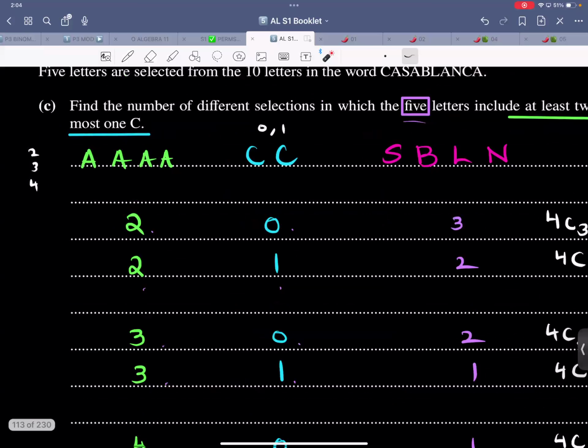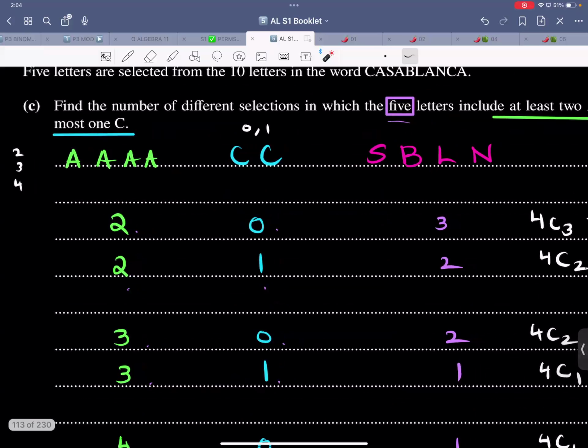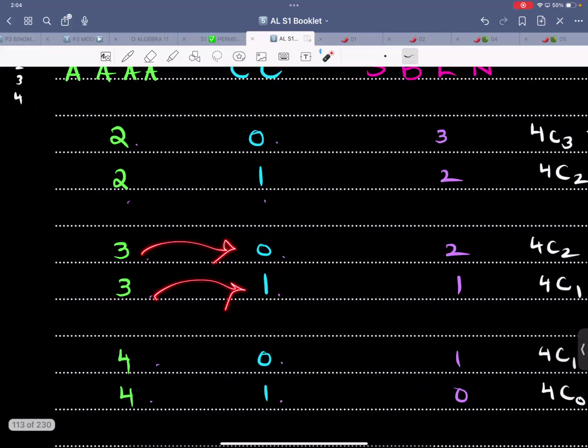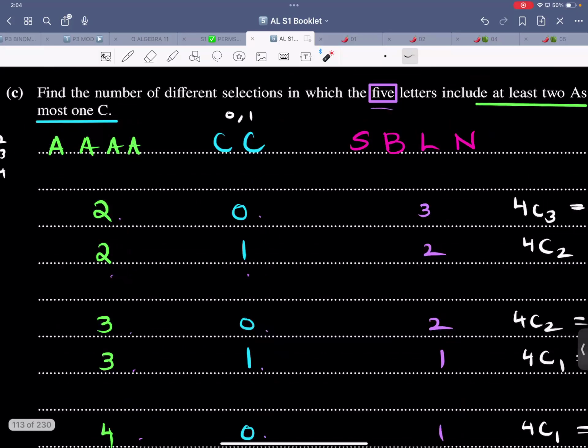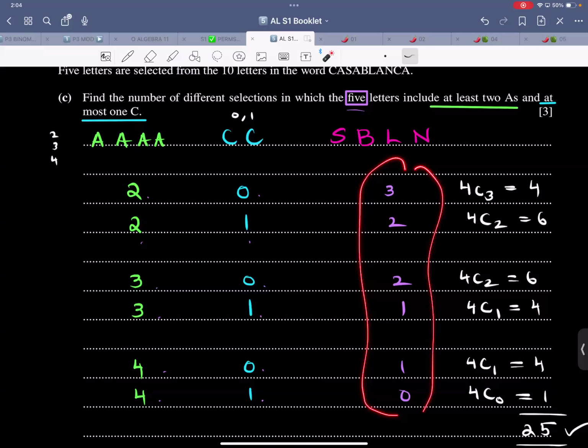So let's say at least 2 means exactly 2 is possible, and at most 1 means 0 is there. So basically, if I fix this 2, it could be 2, 0. It could be 2, 1. Basically, I'm playing with 0, 1. So 3, 0, 3, 1, 4, 0, 4, 1. That's it. Now change this number accordingly.